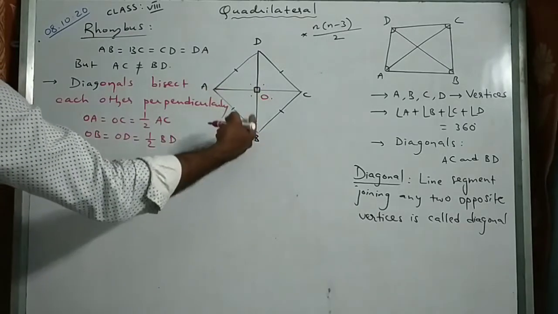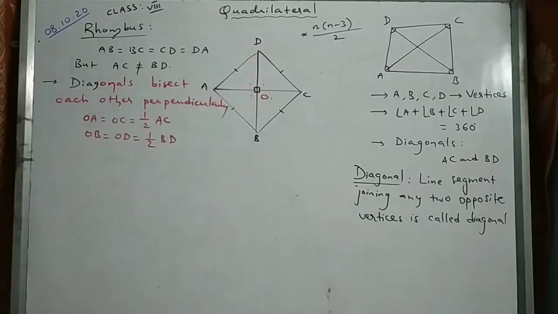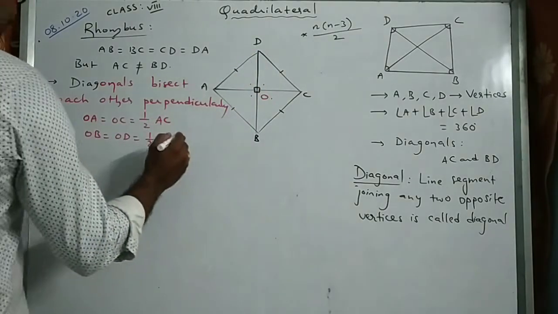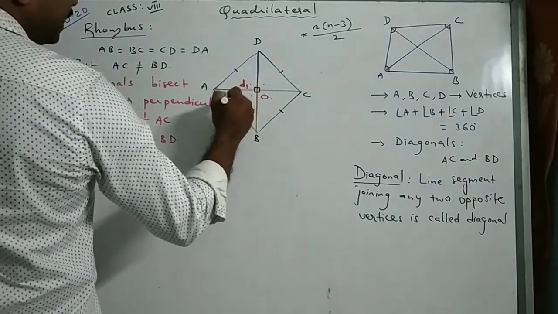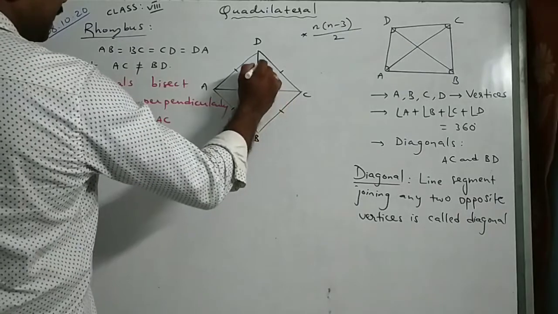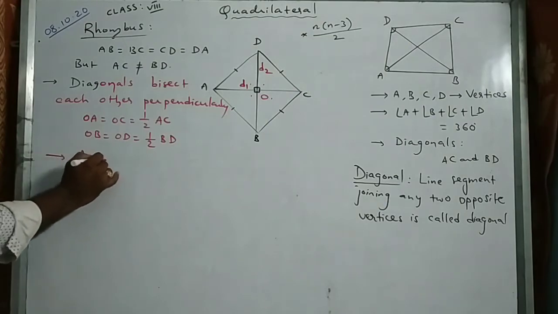AOB, BOC, DOC, AOD are all right-angled triangles. So AC and BD are diagonals. I will take d1 as diagonal AC and d2 as diagonal BD.